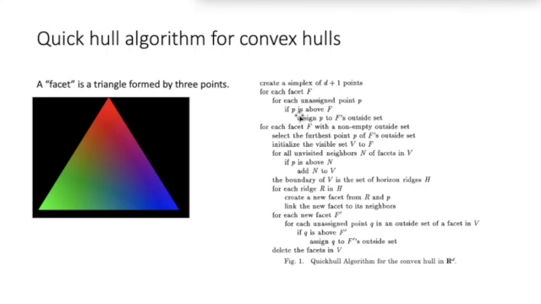If the point is above a face and is outside of the convex hull, then you go into the big for loop.